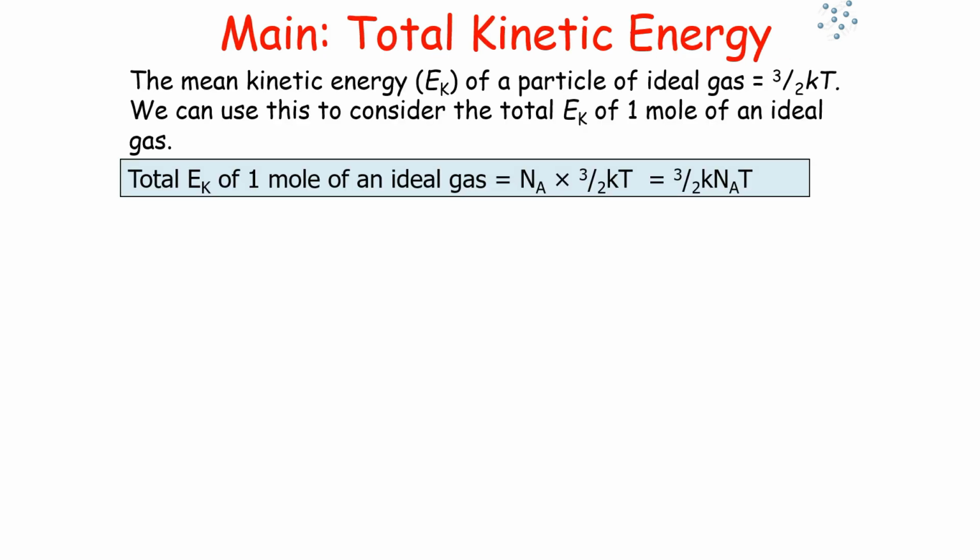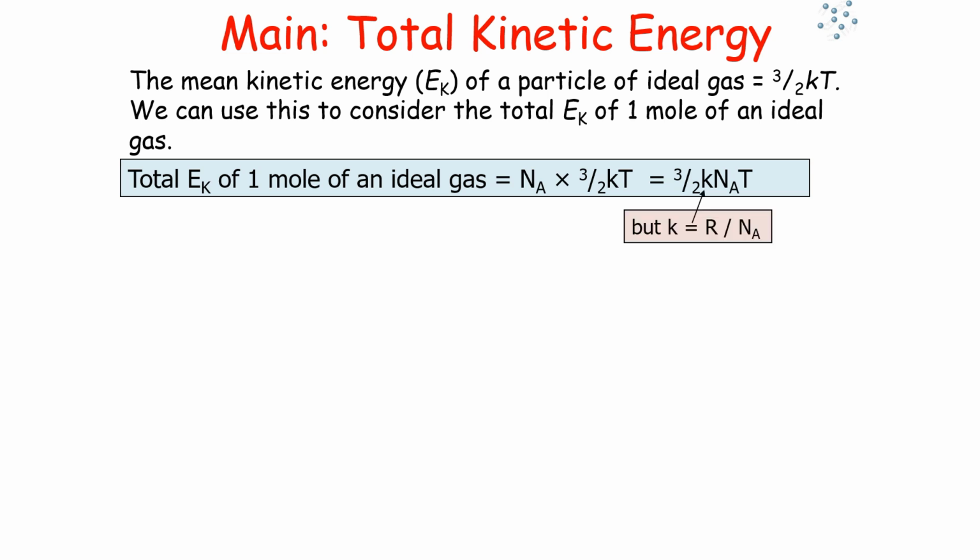So if we say that the mean kinetic energy of one particle of an ideal gas is 3 over 2 kT, we can then use this to consider the total kinetic energy of 1 mole of an ideal gas. If one particle has a kinetic energy of 3 over 2 kT, we multiply that by the number of particles in 1 mole, which is Avogadro's number, 6.023 times 10 to the 23, which is N_A.